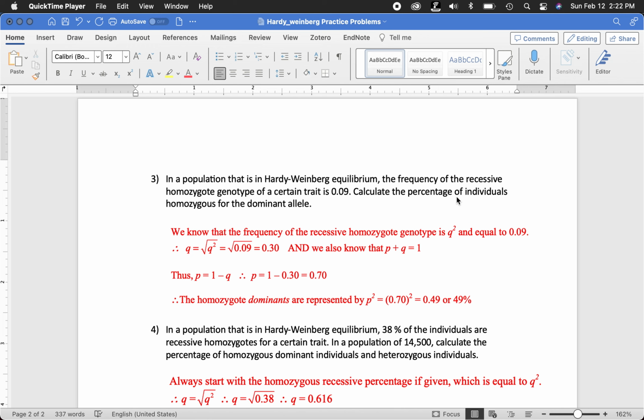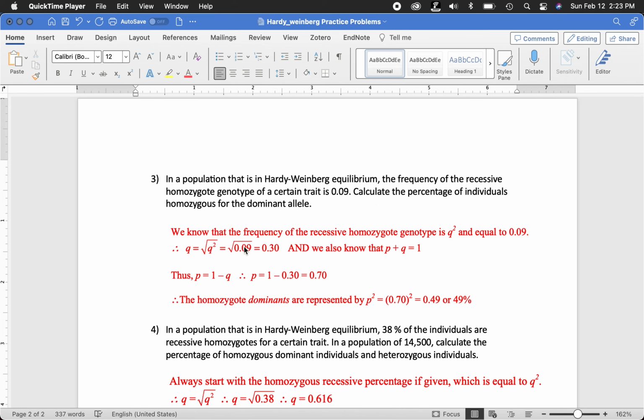All it's saying is that the percentage of homozygous recessive individuals, tied to a particular trait, the trait doesn't matter in this case, is 0.09, or 9%. So it wants to know the percentage of individuals that are homozygous dominant.